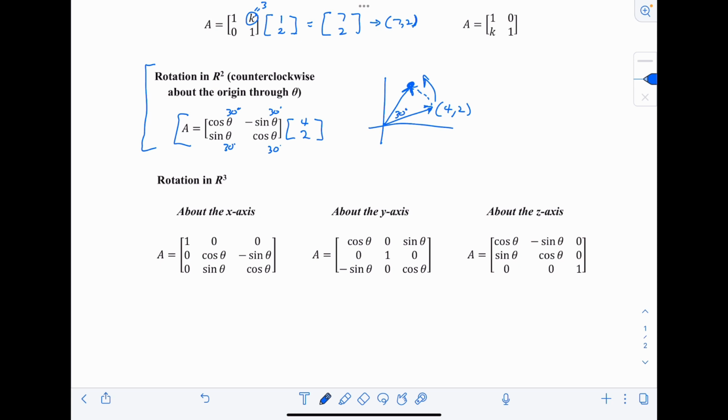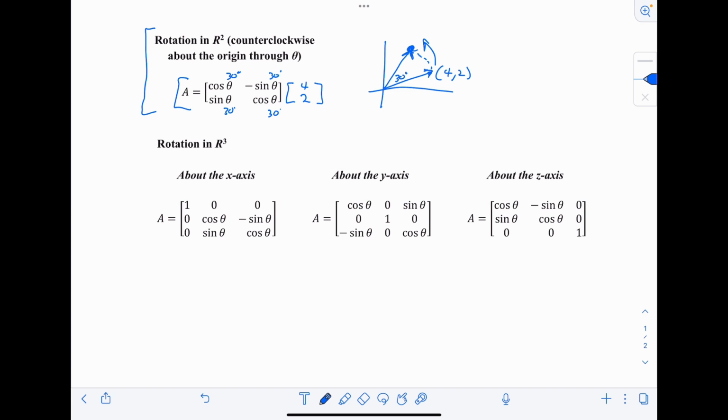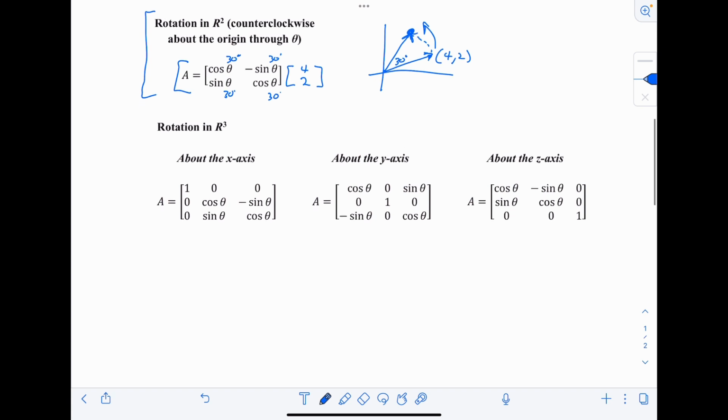In this case, you've got the sines and cosines in 4 of the positions, just like we do in the 2 space, and then the other positions are filled with zeros and a single 1. It just depends on what we're rotating about. So if we're rotating about the x-axis, we have the matrix shown here that we're going to multiply by, and likewise for the y-axis and the z-axis.